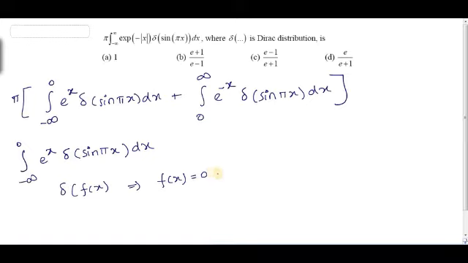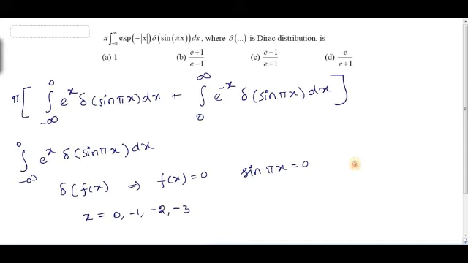We have to find the roots. Here sine pi x is equal to 0. So here x will take values 0, minus 1, minus 2, minus 3 and so on.